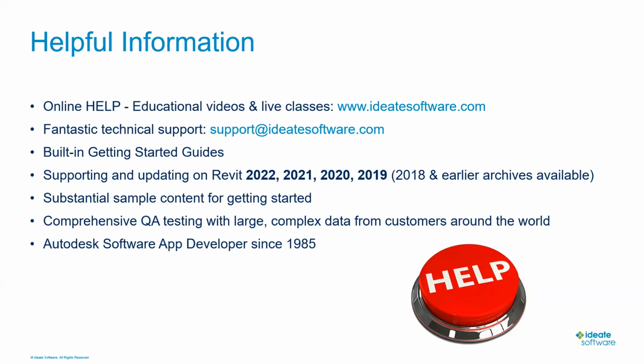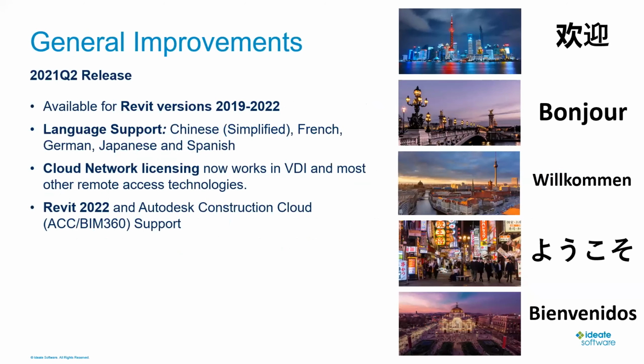And a couple other things I want to point out that we're really excited to talk about before we get into the demo is, for those of you that may be using Revit in other languages, such as French, German, Japanese, Spanish, Chinese, the great news is we have now also done a translation of our software. And this is actually professionally translated.